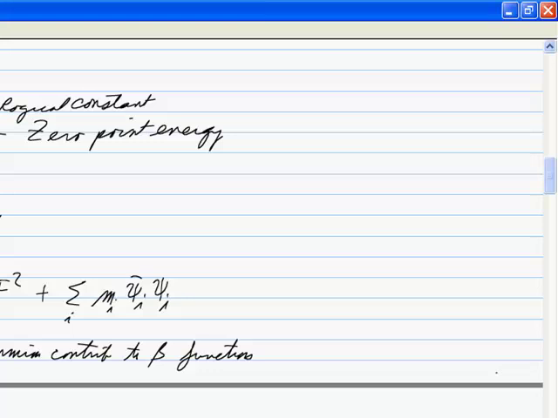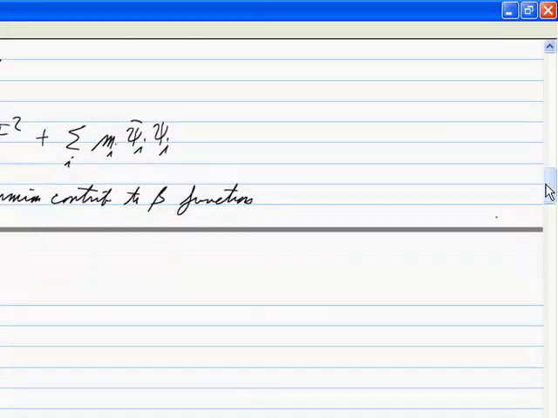Which is interesting. So it came out as a positive number. The beta function is negative, but the fermion contribution is positive. Okay. Questions about that?